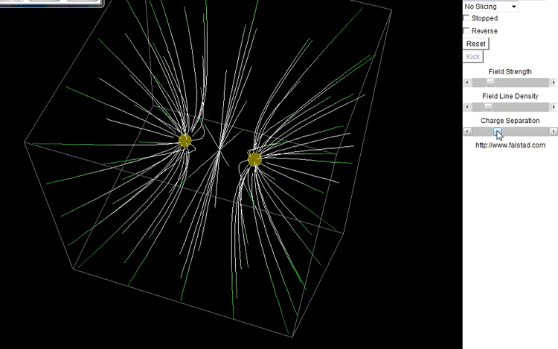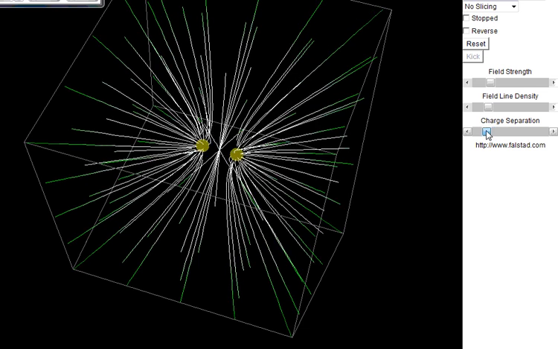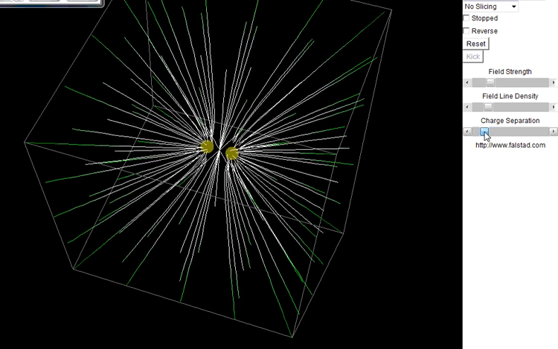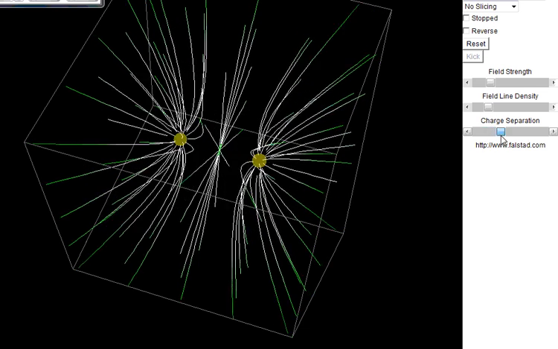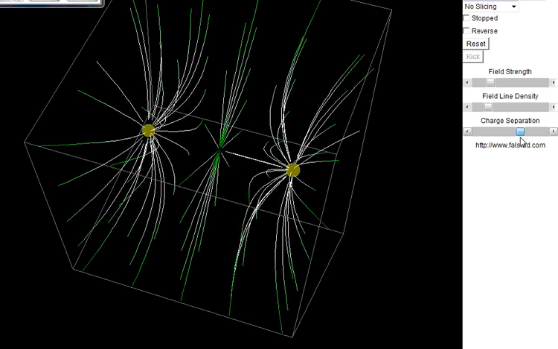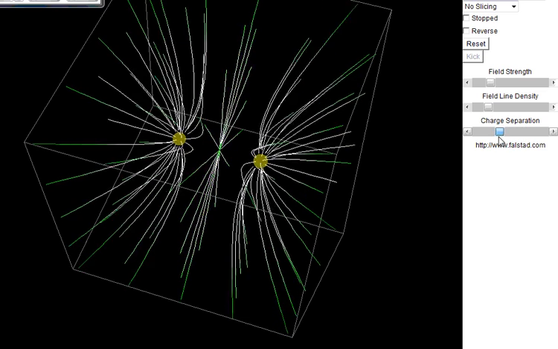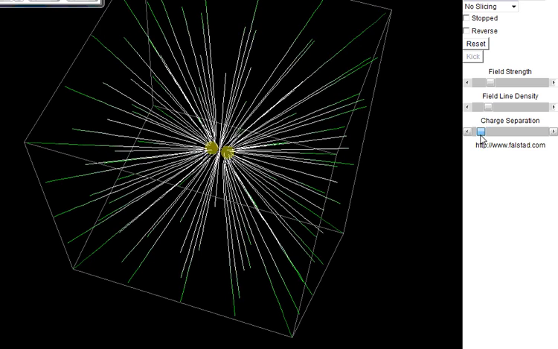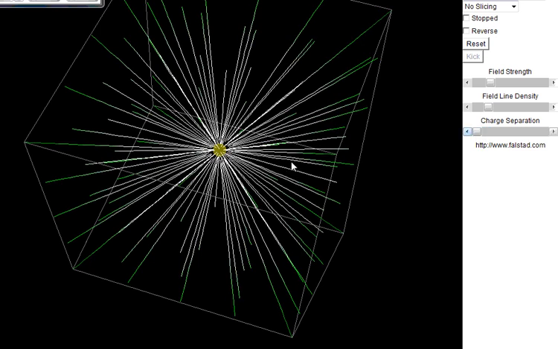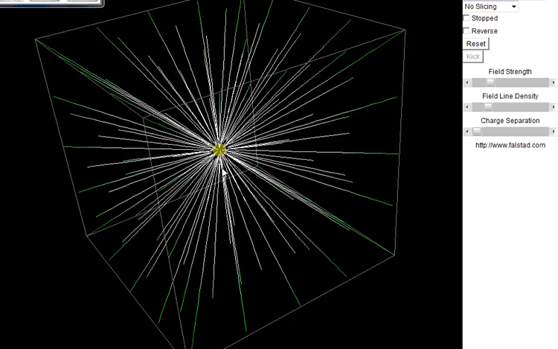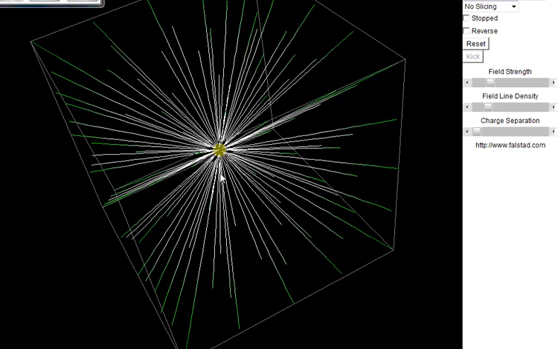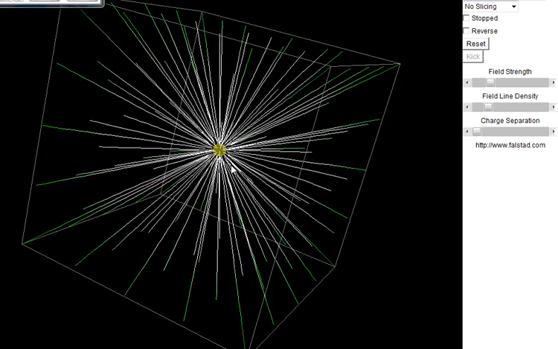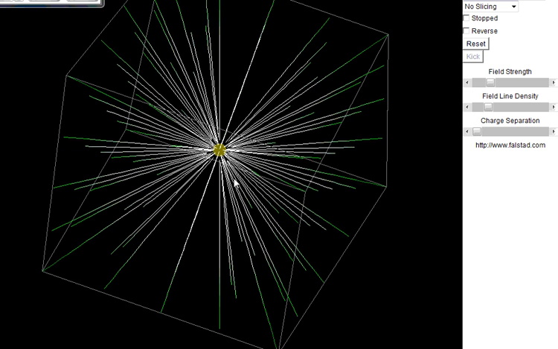I can move these charges closer together and see the effect on the field, or move them further apart. If I bring these two really close together, it's like they're a single charge, and that should make sense, because if we get far enough away, we don't care how separated they are as long as we're sufficiently far away.